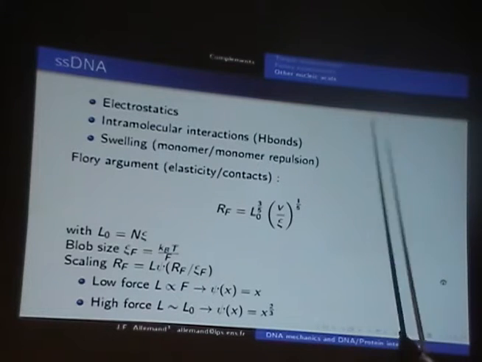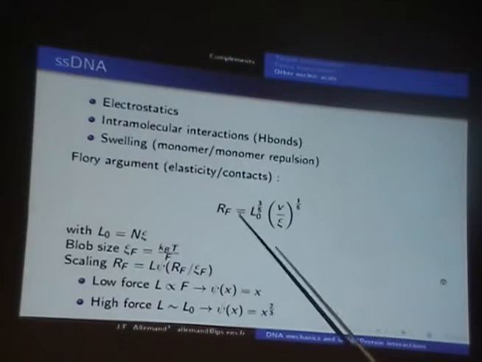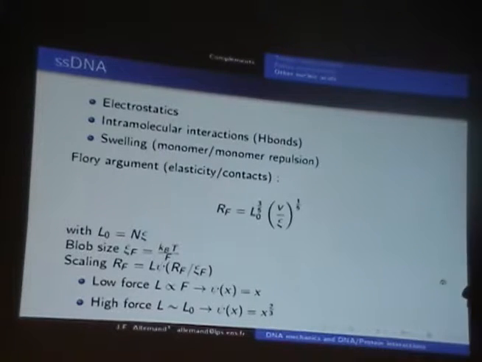The way to solve that, you use chemicals that destroy the part of the molecule that are involved in the H bonding, and so like that you could observe the behavior of the polymer where you have some swelling, where you have a repulsion between monomer and monomer.